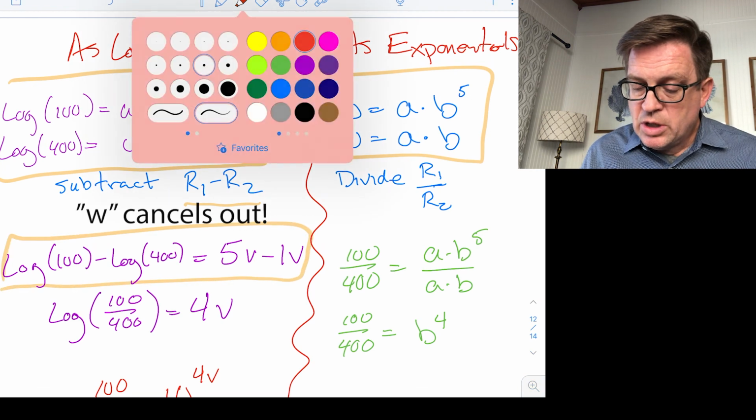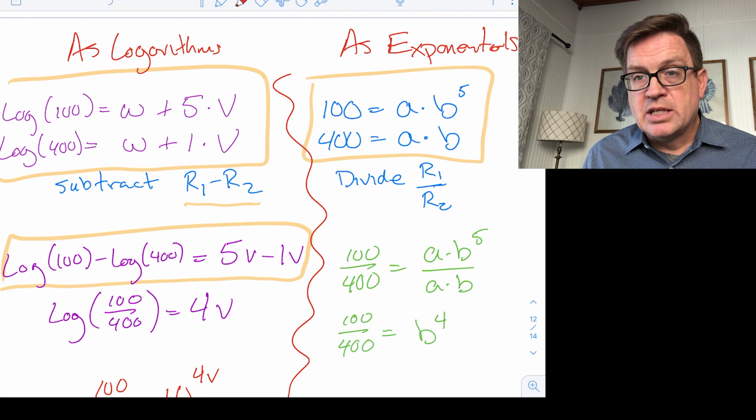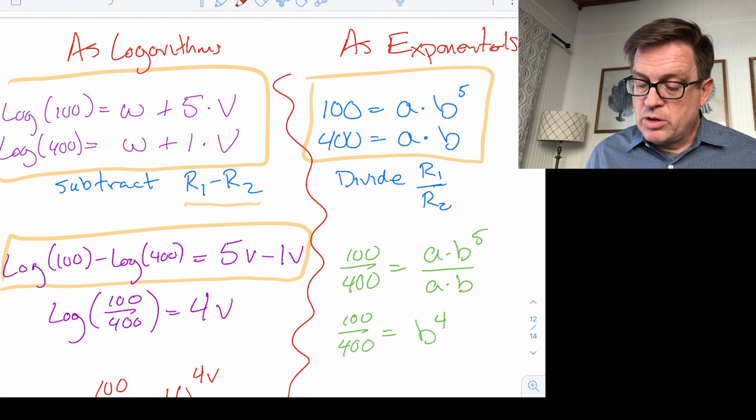Compare that to the exponential case: if we have two equations, 100 equals a times b to the fifth, and 400 equals a times b, we can divide those two equations, much like we subtract them in the other case.